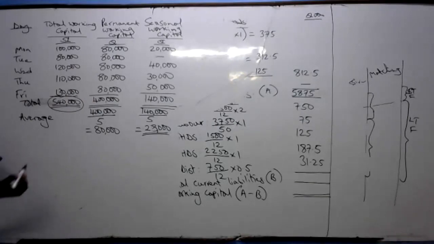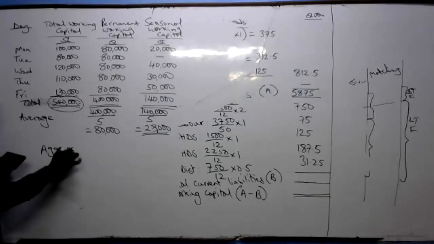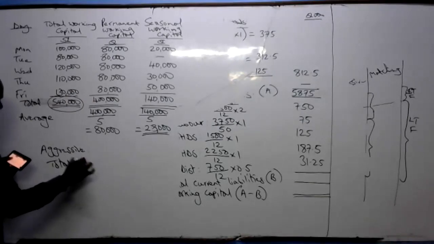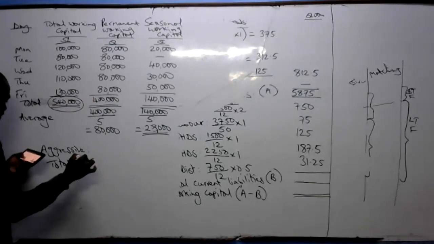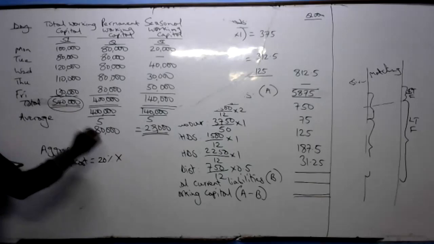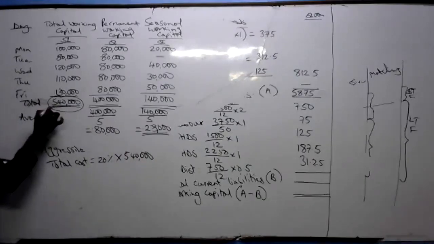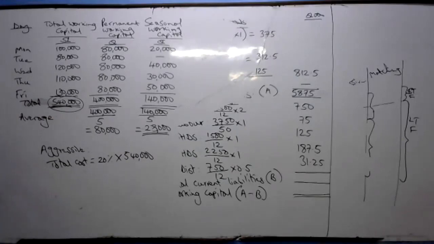So the short-term funds, when you are using aggressive, tutamwambia tu kuwa total cost equals 20% of the total, like in our case our total is 500, so 20% of the total working capital. Sawa.